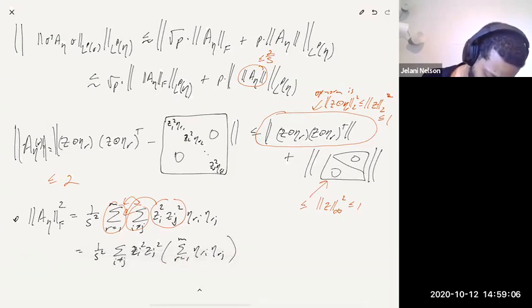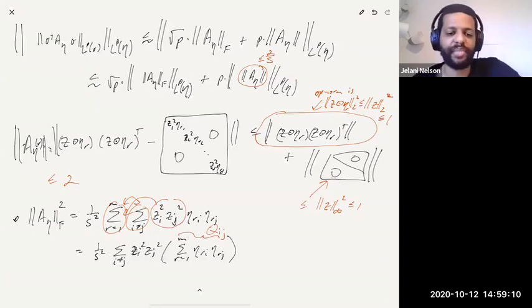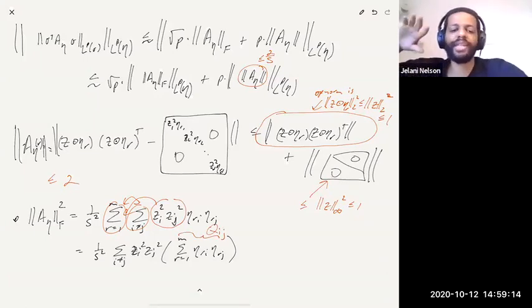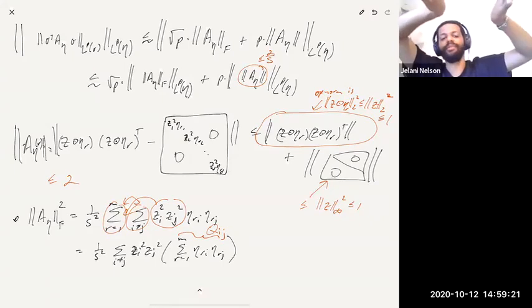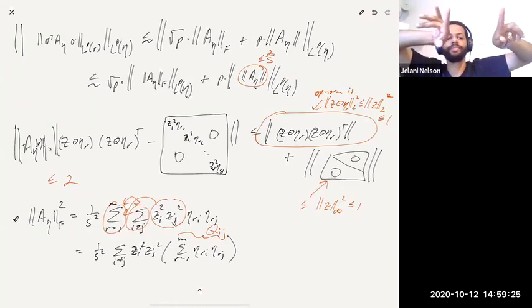Let's just call this thing here q_ij. What does q_ij mean in words? If you look at the ith column of the matrix pi and you look at the jth column, how many non-zeros do they have in common? How many rows do they both have as being non-zero?